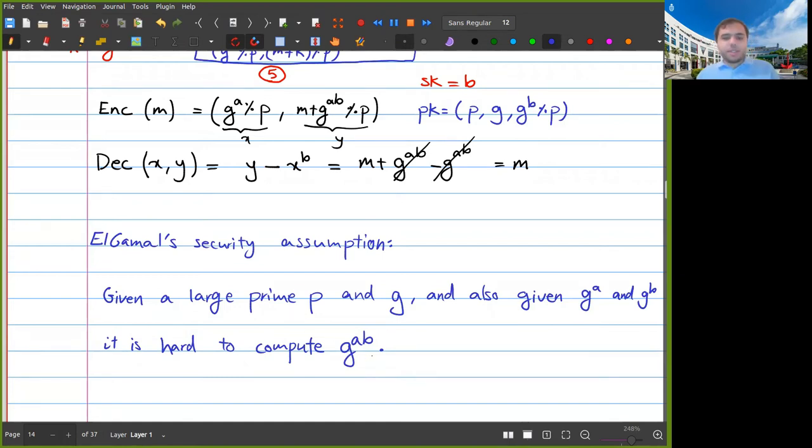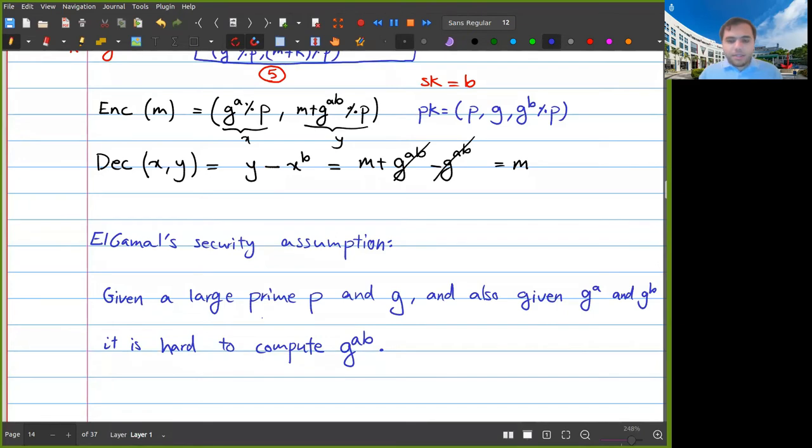But it's very similar to the discrete logarithm problem. And so it's also widely agreed that this is a very hard problem, and there are no real algorithms that can solve this for large values of P.